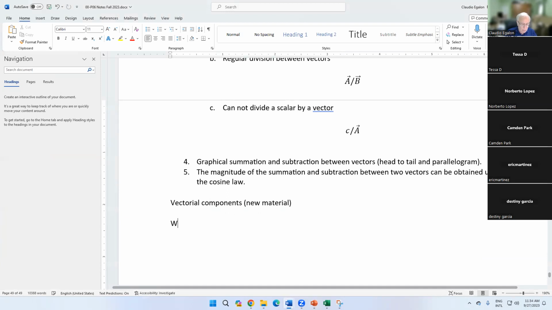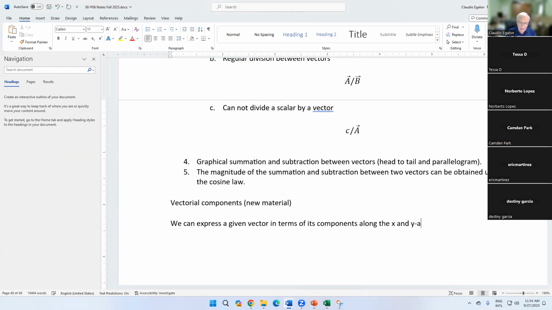Vectorial components. We can express a given vector in terms of its components along the x and y axis, right? Like that.